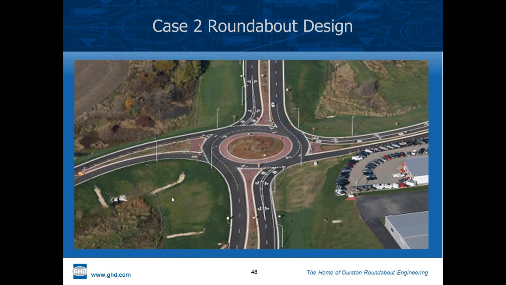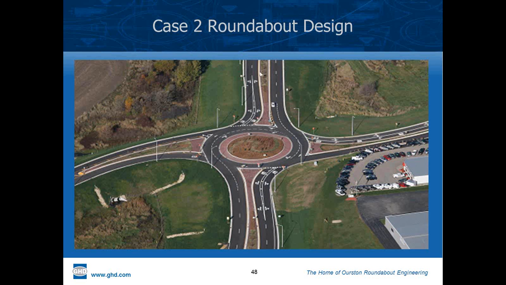The Case 2 design is something a little larger than the Case 1, and it uses a truck gore. We refer to it as a truck gore or a painted hatching area, 4 to 6 or 7 feet wide on entries. This design is single lane in this approach, 2 lanes in this approach, and then 2 in the trunk highway direction.